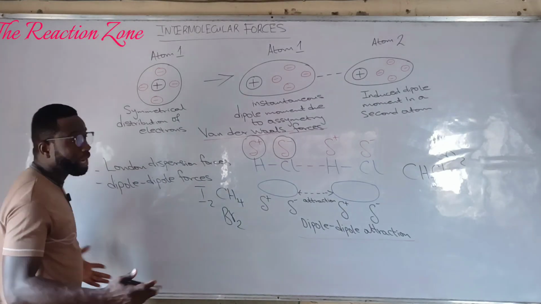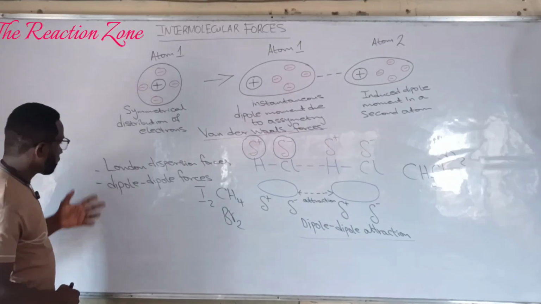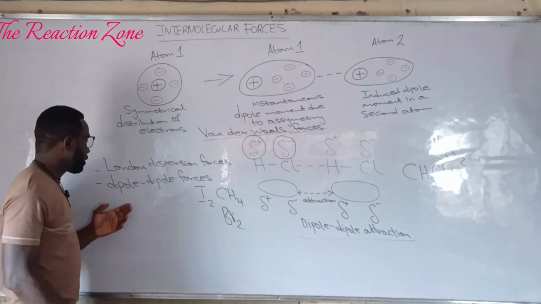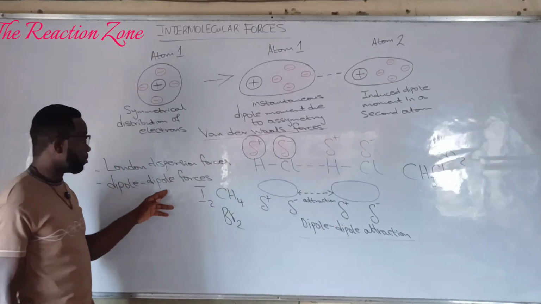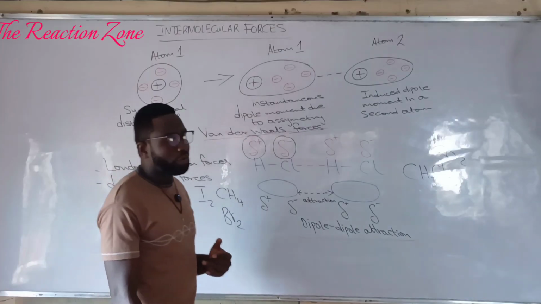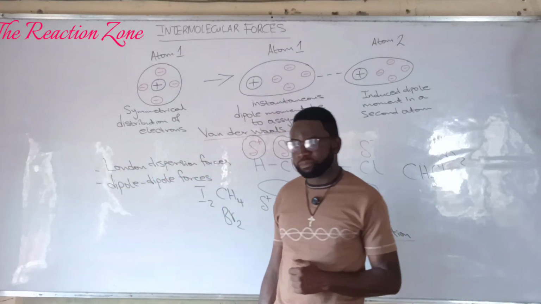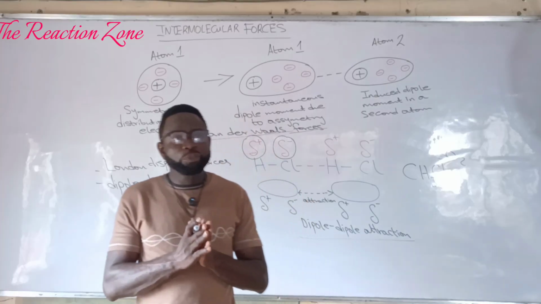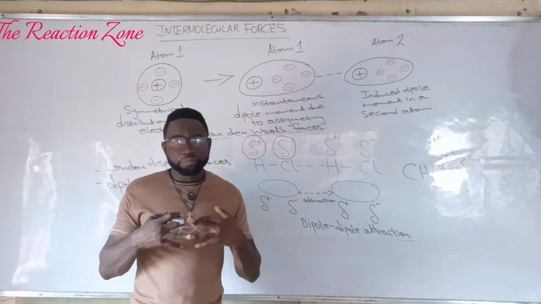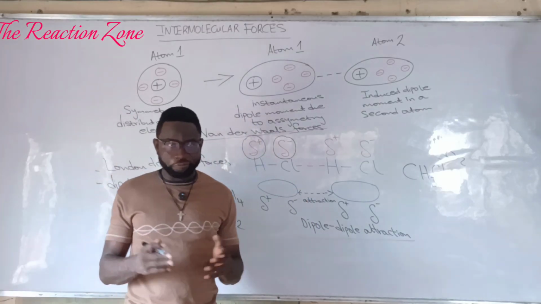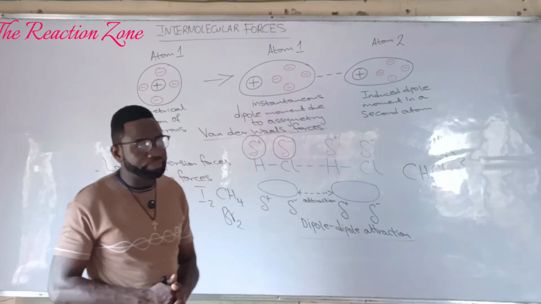And there are two major types of van der Waals forces: London dispersion forces and dipole-dipole forces. We're going to start with London dispersion forces. London dispersion forces happen to be the weakest of van der Waals forces.